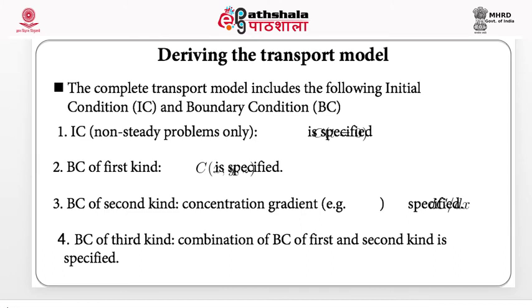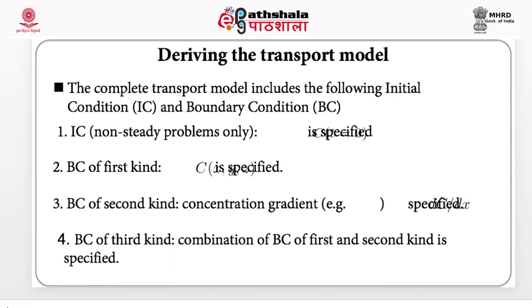If you remember, in the flow we defined the hydraulic head gradient. Like in the flow model, in the transport model, we can specify dc by dx, and the gradient can also be used to specify a no flow, no mass transport condition. In that case, we equate dc by dx, the concentration gradient, to 0.